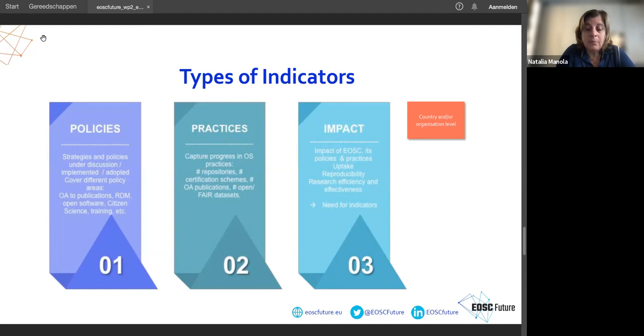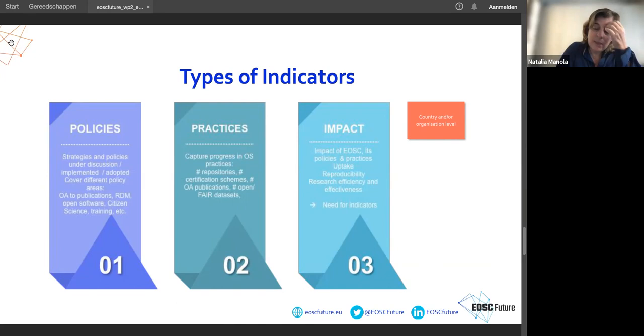So policy, for example, on open access publications, research data management, software, participation of the public, training, industry, infrastructures, etc. So this will be a questionnaire that will be hooking up all these initiatives, from strategies to policy and roadmaps.